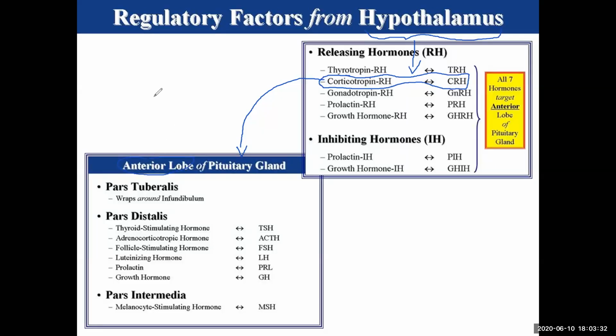Now, the vascular bed connecting the hypothalamus to the APG, anterior pituitary gland, or the anterior lobe of the pituitary. So this here, VB, vascular bed, is pretty unique.